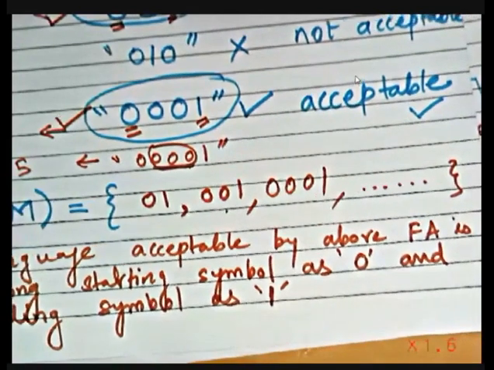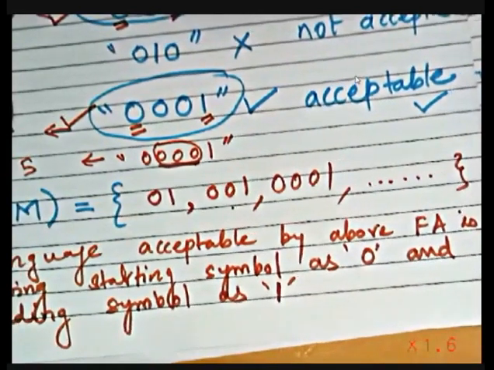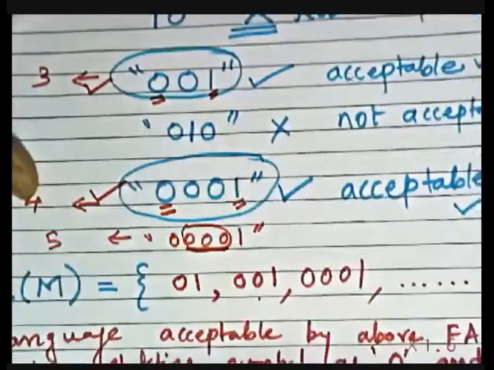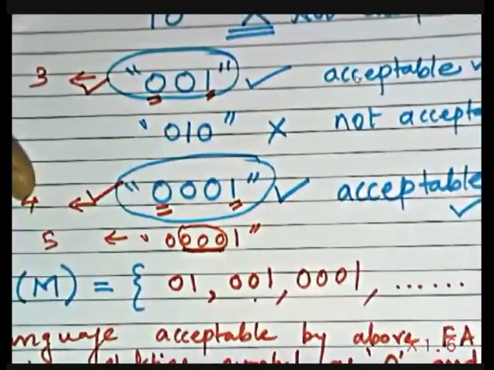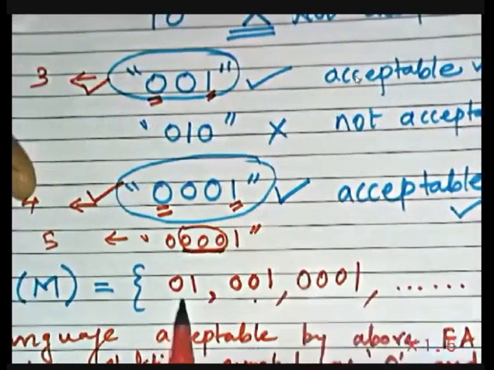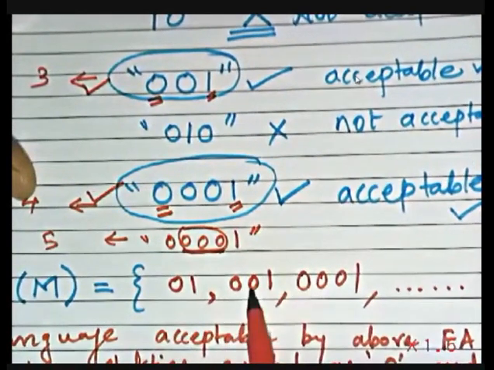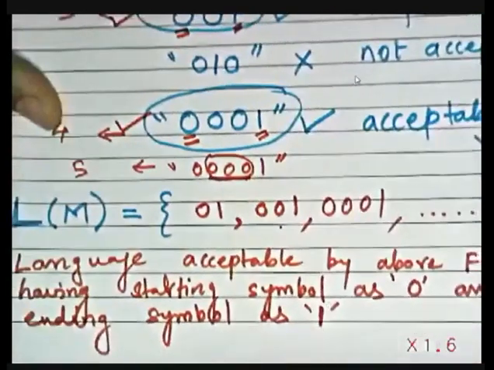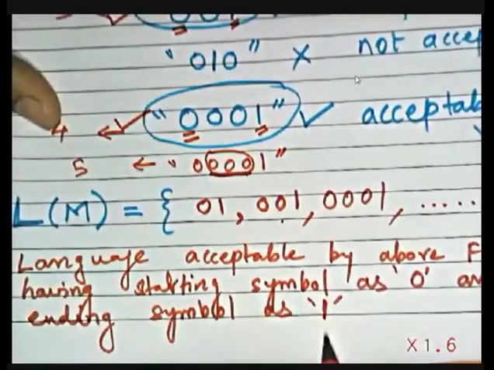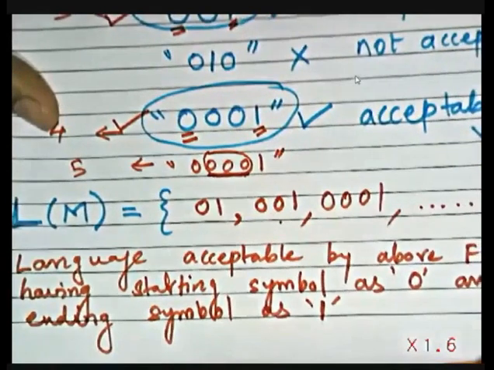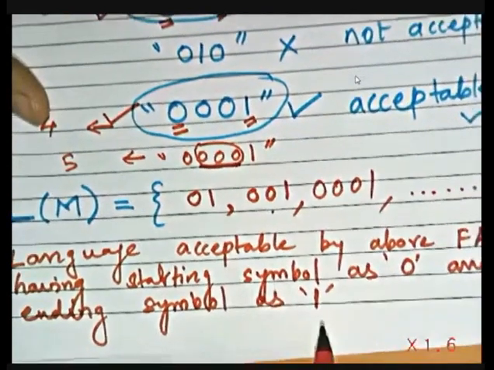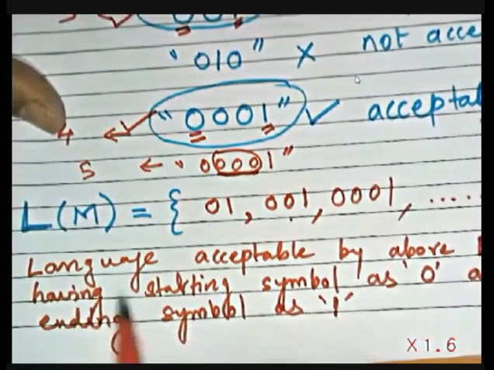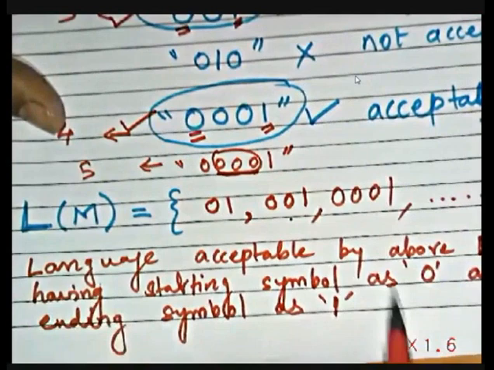Now, are there any more restrictions? Can I have the correct definition of my language with only this? No, because if I am only saying starting with 0 and ending with 1, I can have 1 in between also. So it is not a totally correct description of my language. I need to add one more piece of information to describe the language acceptable by this finite automata.